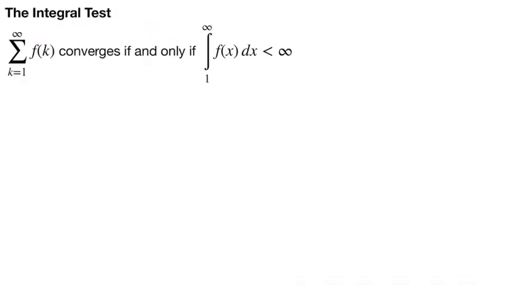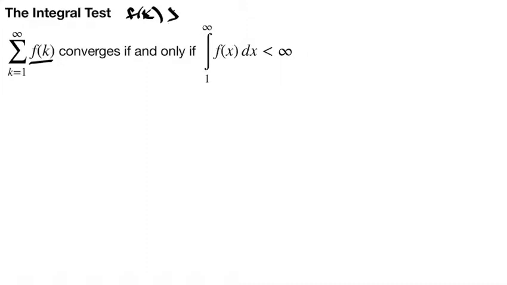Okay, let's move now to the three really big tests that work whenever our sequences are greater than 0. And here we're going to call our sequence a function because we're going to try to compare it to a continuous function, the function f of x. And so remember here that f of k is going to have two properties.